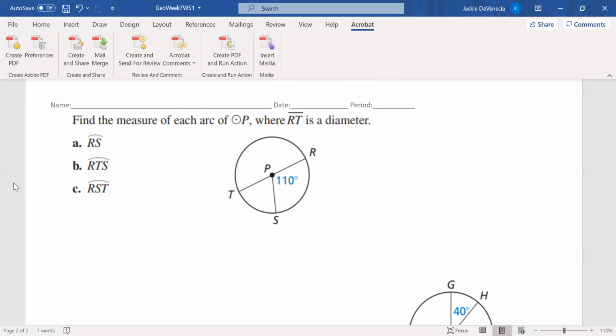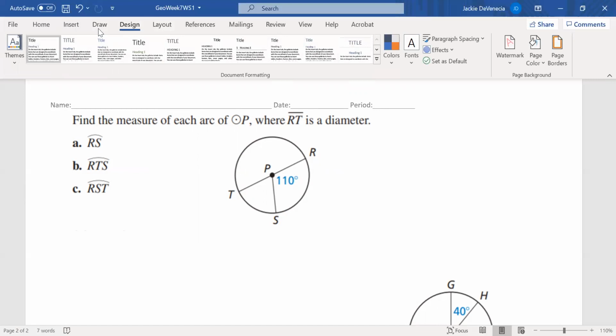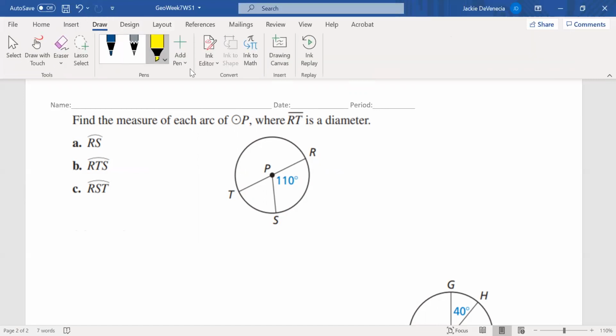Now we have to find the measure of RS. So we're looking at the measure of this arc right over here. Just like what we learned from that theorem before, if you have your central angle, your arc is going to be the same measure.